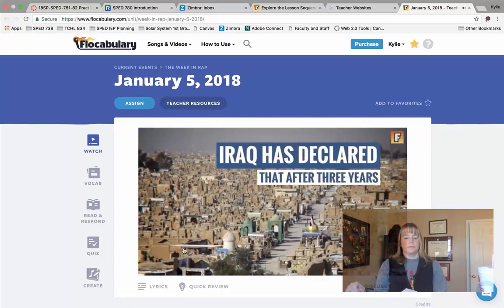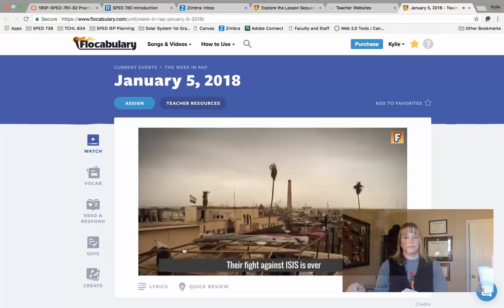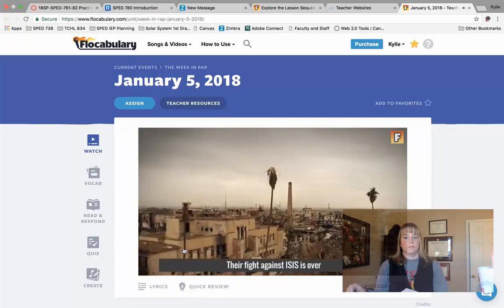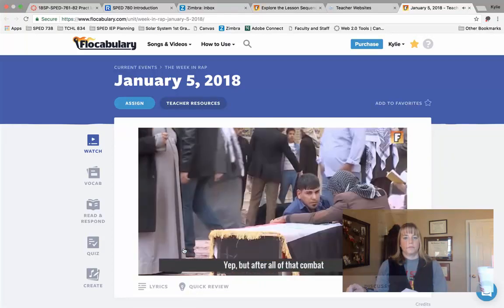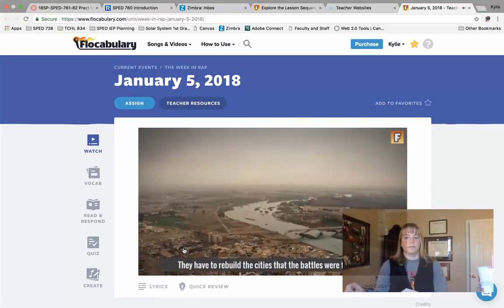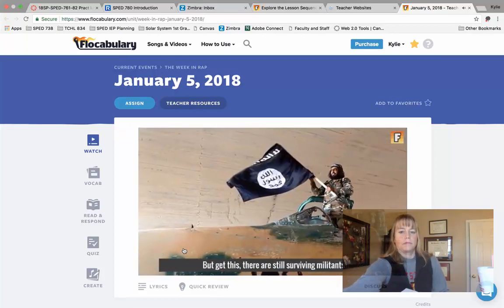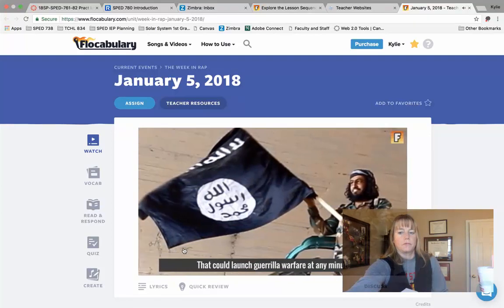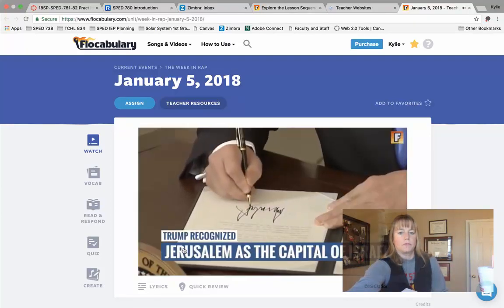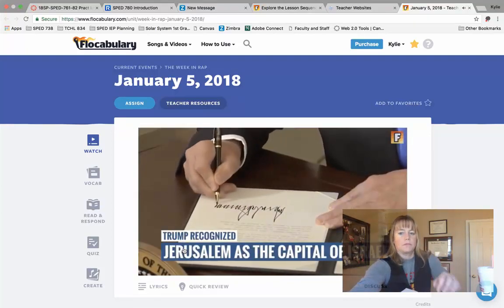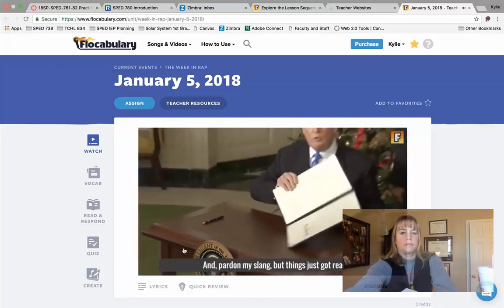Iraq has declared that after 3 years, the fight against ISIS is over. Oh yeah? Wow. But after all of that combat, they have to rebuild the cities that the battles were fought at. But get this, there are still surviving guerrilla warfare. Very many recognize Jerusalem as the capital of Israel. Brought in my slang, but things just got real.